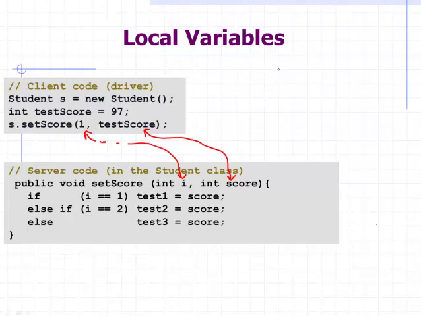Inside the computer, we have S, and it refers to a student. And we know that it has contents in here, the private data members. We also have an integer named test score. And it has the contents of 97.